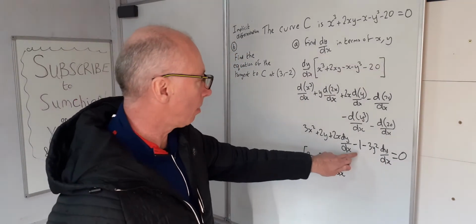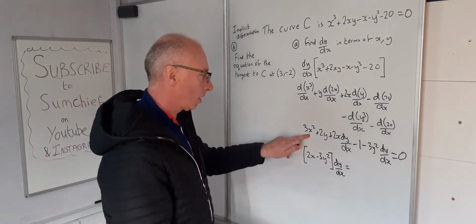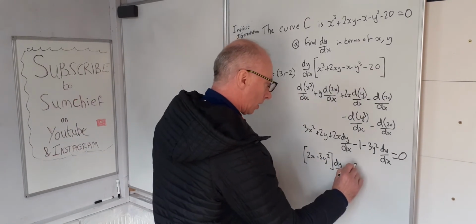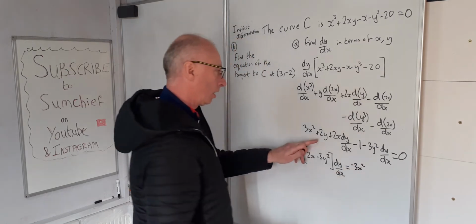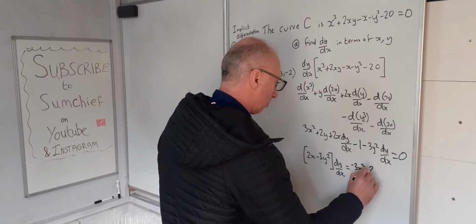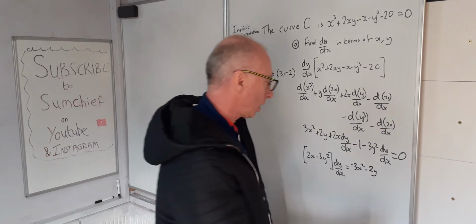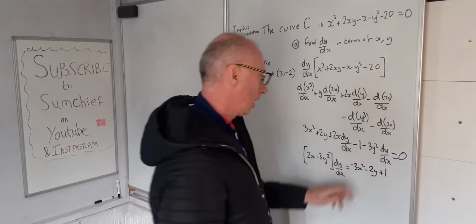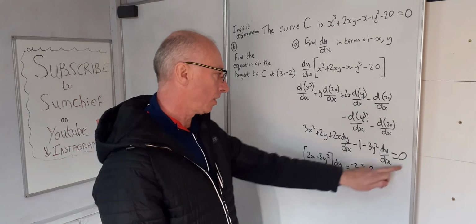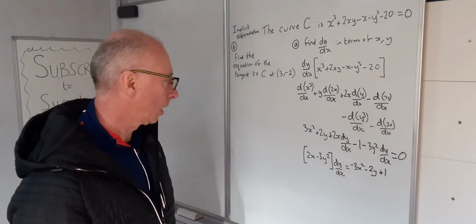Starting from the 3x squared, that moves across to become minus 3x squared, and 2y becomes minus 2y. The minus 1 comes across and becomes a plus 1. And the 0, we don't need to have.